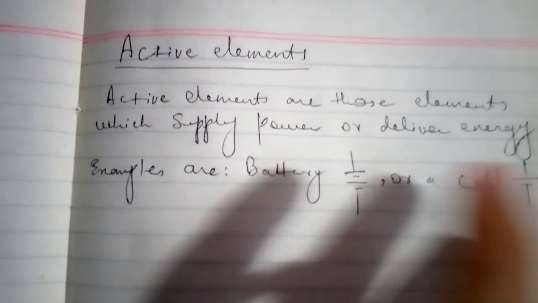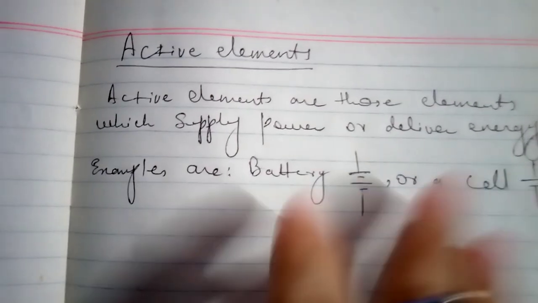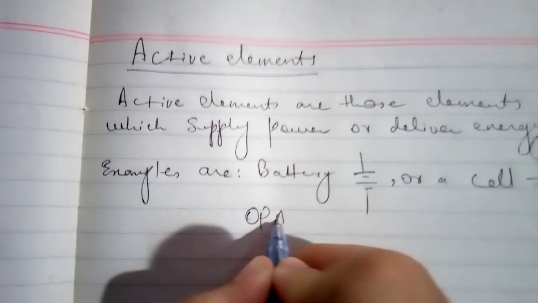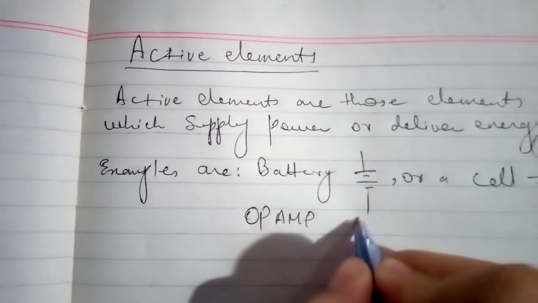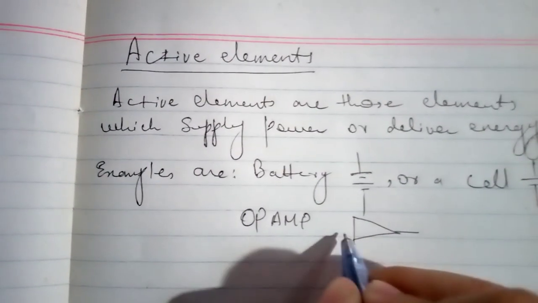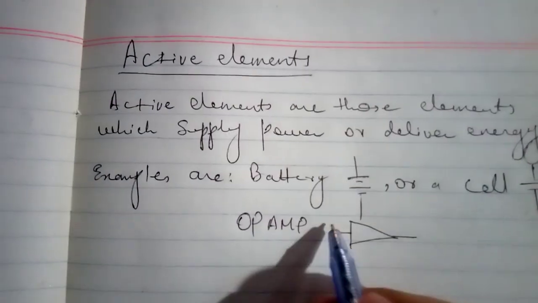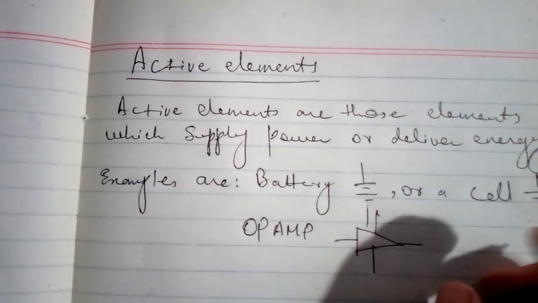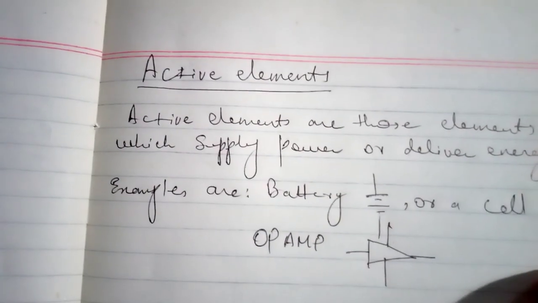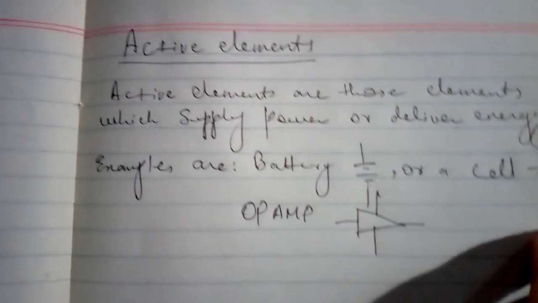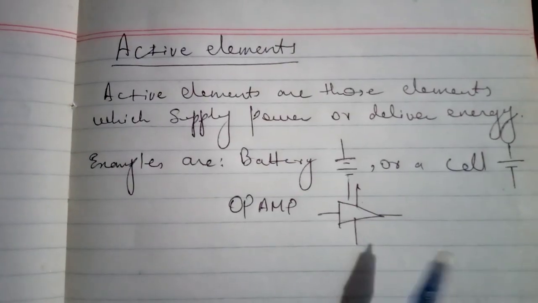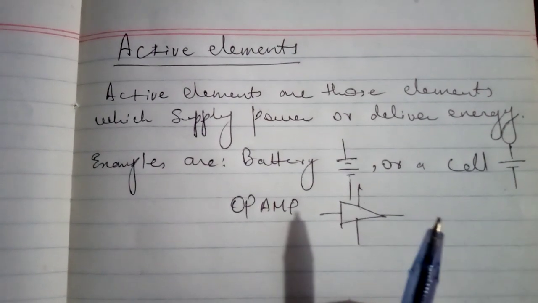Battery, cell, power supply, operational amplifier, op-amp. Op-amp is also an active element. Symbol is like this. Input here, output here, and these are the positive and negative terminals connected. So this is the symbol of op-amp. These all are active elements which supply power whenever connected in a circuit.